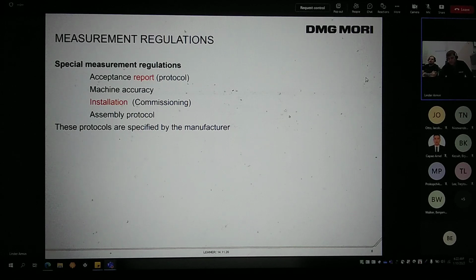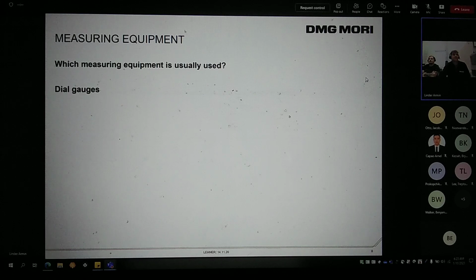So sometimes we have differences, but anyway, I think that's a logical thing. We have, for example, a 5-axis machine. So we have a protocol for all axes first. And later on, there come some round axes to measure, or at the end, if we have all measurements done, it comes to the kinematics in the 5-axis case.